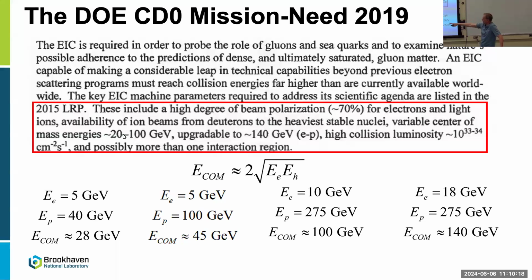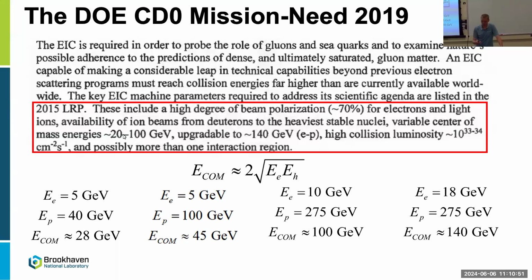Variable center of mass energy, and here are 4 sample points from 28 GeV center of mass to 240 GeV center of mass. This is the range that we are providing, upgradable, high luminosity, 10 to the 33, 10 to the 34, and possibly one more interaction region. Okay, that's all I get.